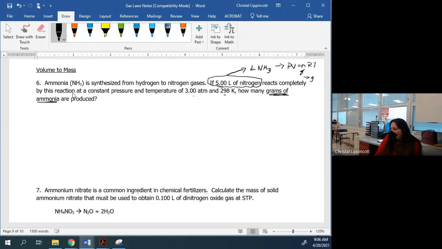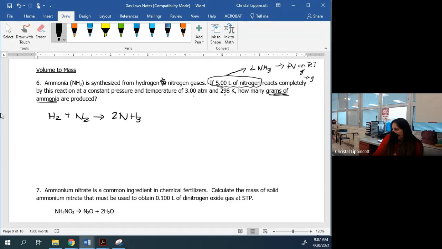Okay, so we've got ammonia being synthesized from hydrogen and nitrogen gases. So ammonia, this is the formula. So we've got H2 plus N2 yields NH3. Okay, I got to balance this.